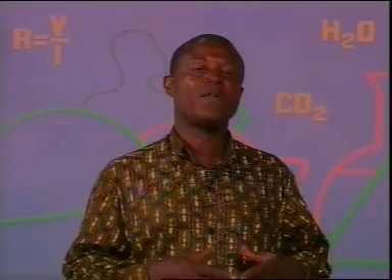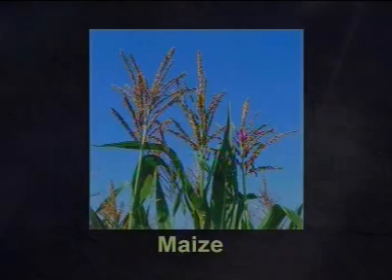In one of our previous discussions, we classified plants into flowering and non-flowering plants. Can you give examples of flowering plants in your community? Maize. Good. That is a good example. What again? Beans.